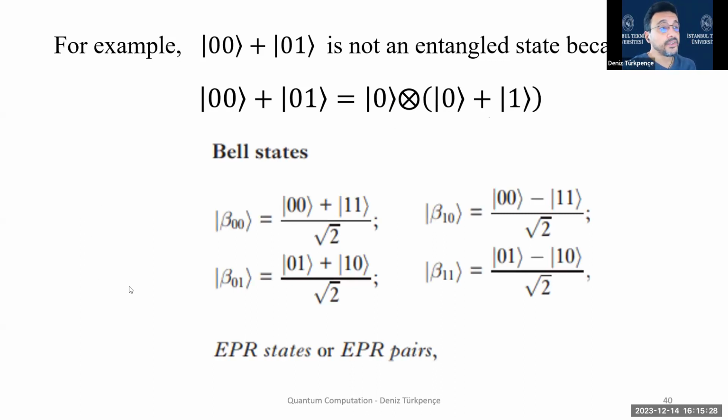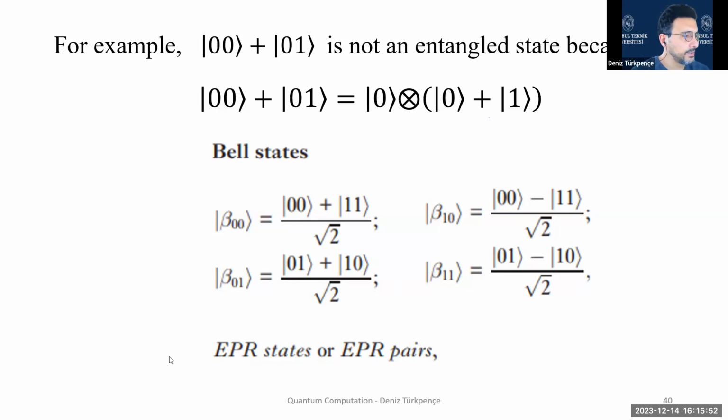However, these four states that I write under this example are entangled states because you cannot write these states in a tensor product form. Try, you will not be able to write, okay?